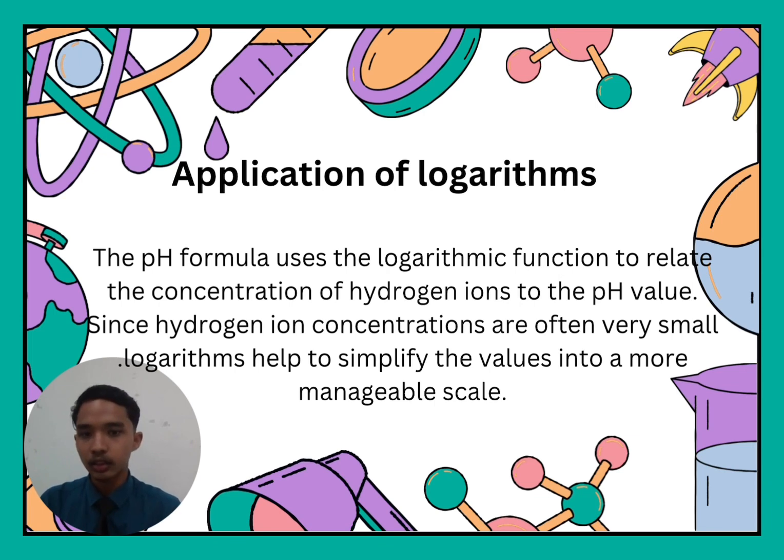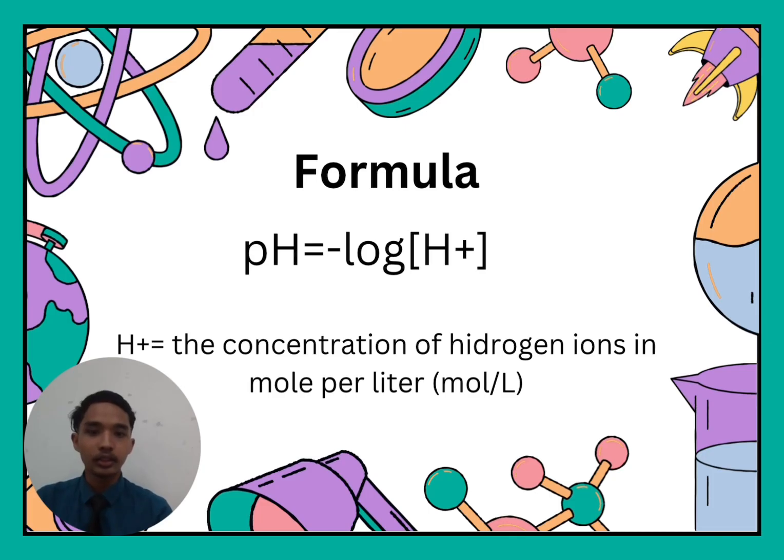Since hydrogen ion concentrations are often very small, the logarithm helps to simplify the value into a more manageable scale. As you can see, the formula is pH equals negative log H plus. That H plus is the concentration of hydrogen ion in mole per liter.